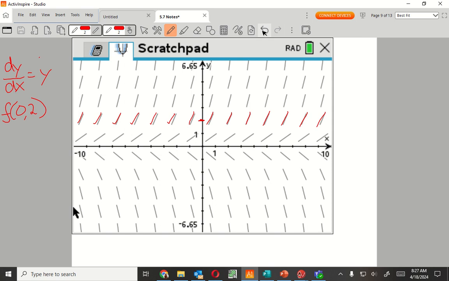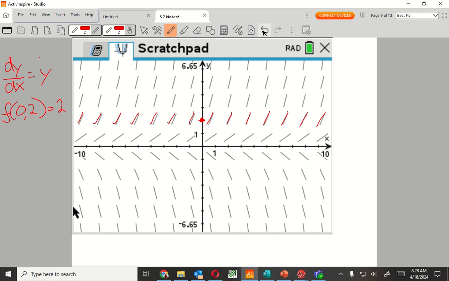No, because dx means something else. There is no x on the right-hand side, but there is a y. So I plug in the y, what do I get? 2. So what's the slope right here? 2. My slope is 2, right?